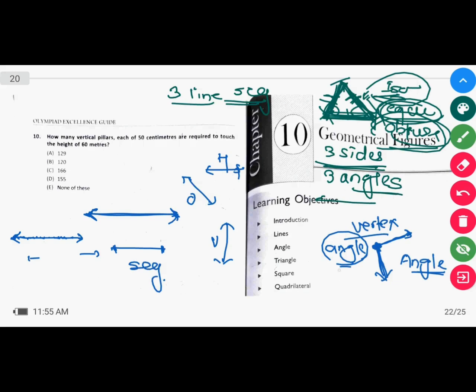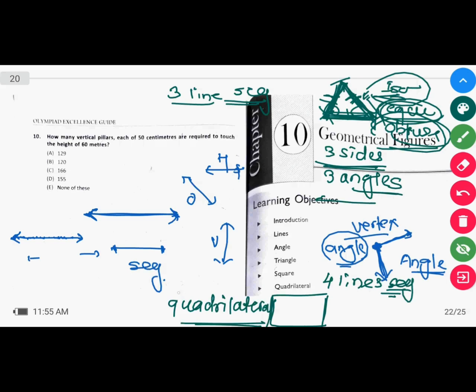Now when 4 line segments join each other, they form one figure known as a quadrilateral. Quadri means 4, lateral, quadrilateral: it has 4 sides and 4 angles.